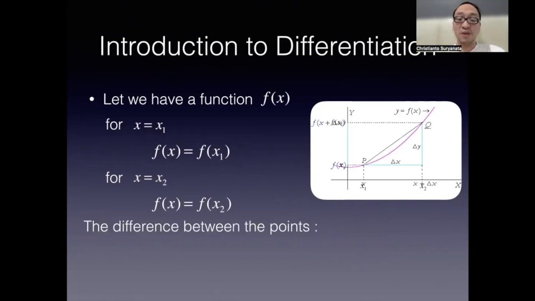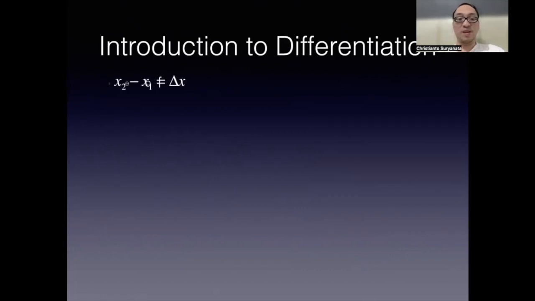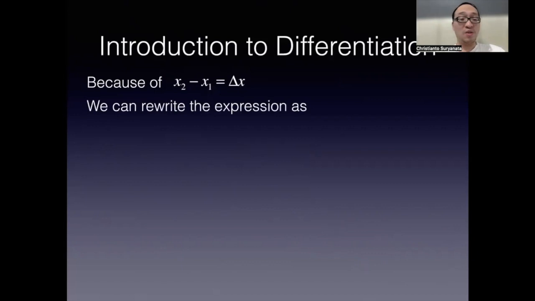Now, the difference between the points: we can subtract f(x2) minus f(x1). This is the difference between the points. And delta x is the difference between the x values, x2 and x1. So now we can rewrite the expression. For f(x) at x1, it is the same.